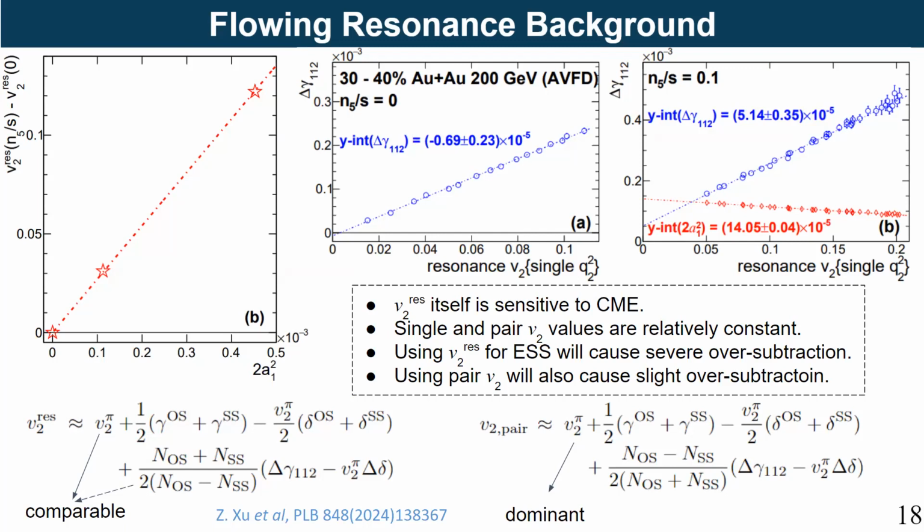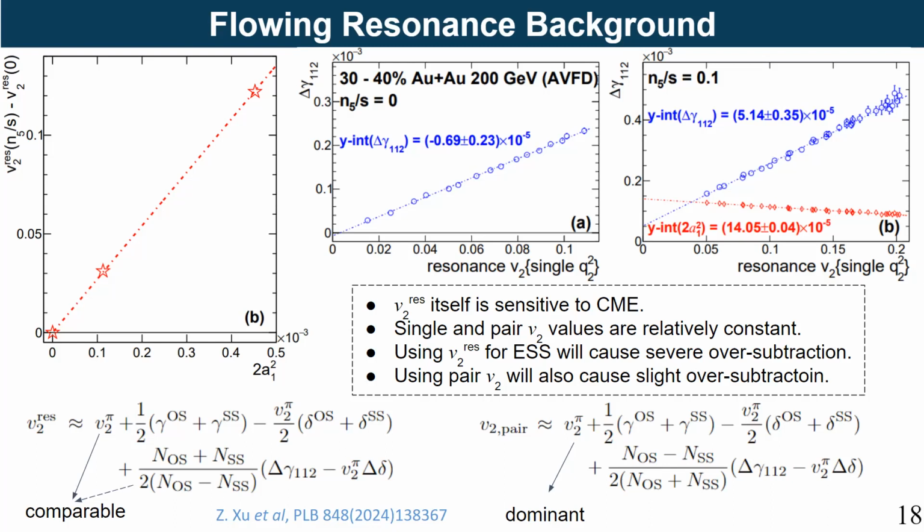Although it's not efficient, not effective, it's sensitive to the CME. So if you use resonance V2 to do event shape, you will have severe over-subtraction. And we explain it in this paper recently published yesterday by Joan in our group and other people.